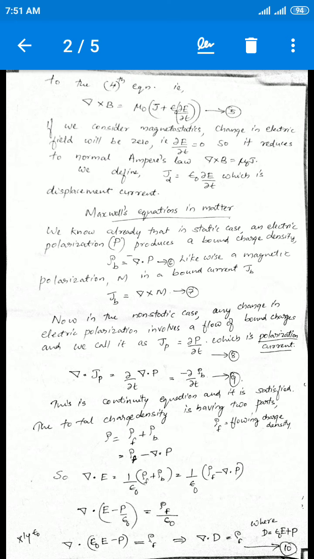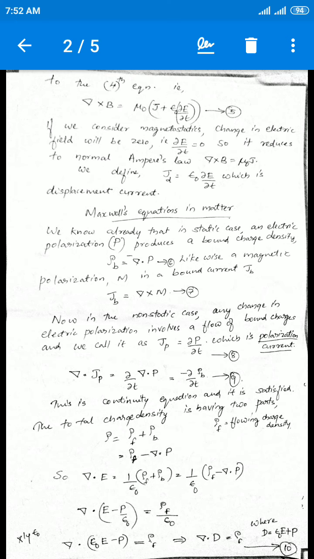So due to this electric polarization, there can be a bound charge density. You can write the bound charge density as rho B equals minus del dot P, with P the electric polarization. And also there is a bound current due to the magnetic polarization.